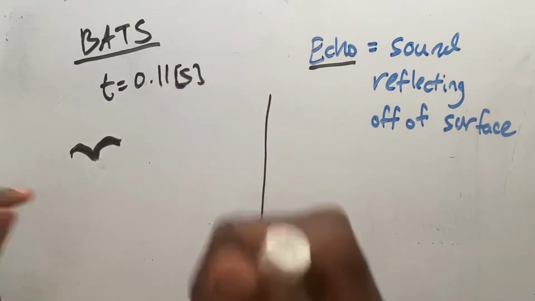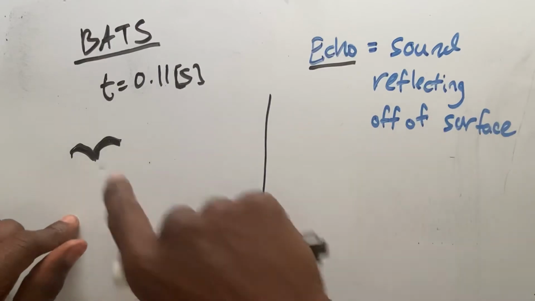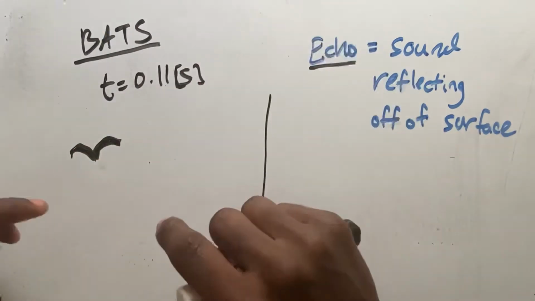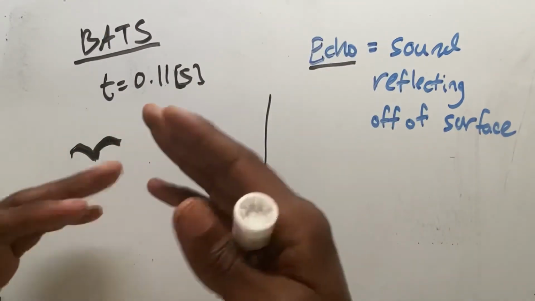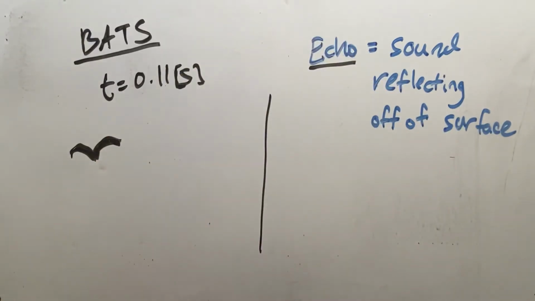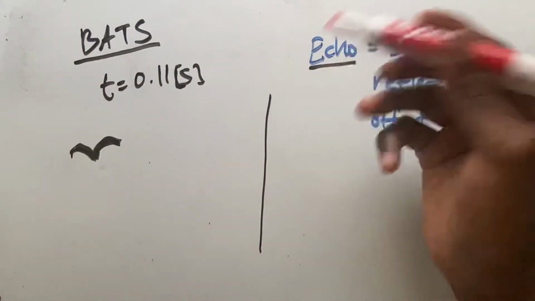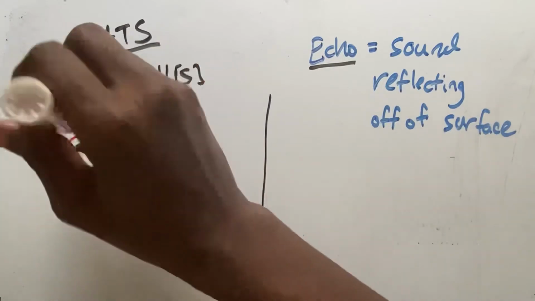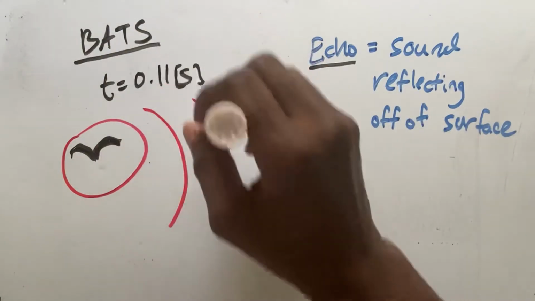Okay, so it's actually a bat inside of a cave, so it's surrounded by walls. And then the bat emits some sound, because it uses echolocation, right? So he emits some sound, draw it this way.